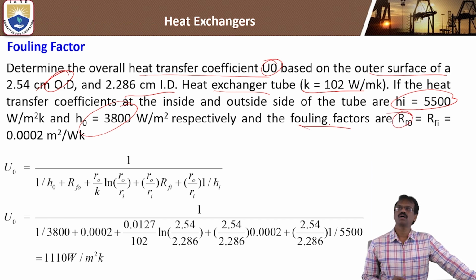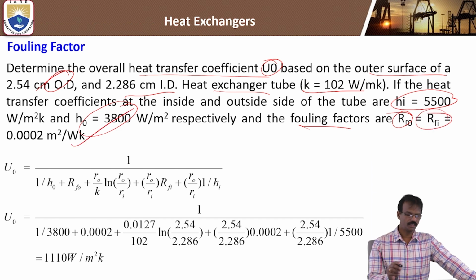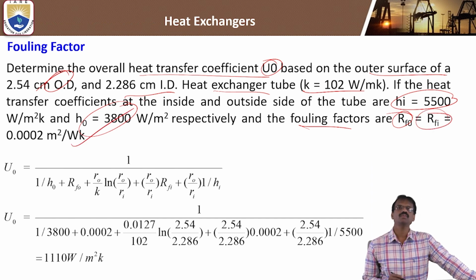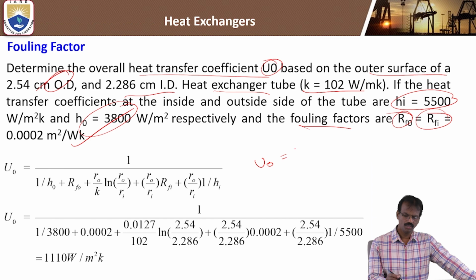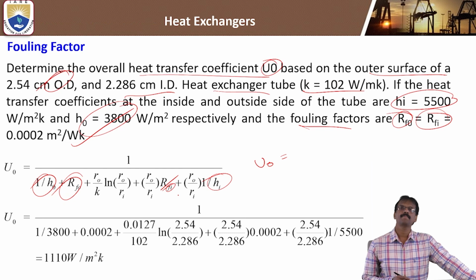Rf naught and Rfi, both are the same. Then you have to find out the overall heat transfer coefficient. So you know the formula: U naught is equal to 1 by h naught, Rf naught, r naught by k into ln r naught by ri plus r naught by ri into Rfi, next r naught by ri into 1 by hi.